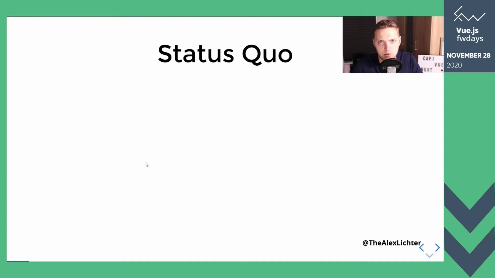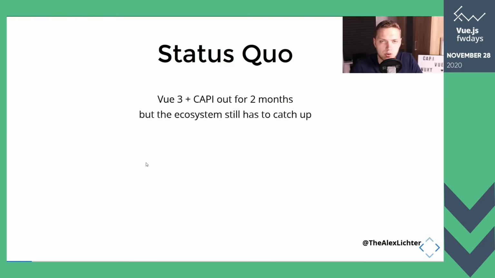So before we get into all the nitty-gritty details, let's check the status quo of the composition API. As you know, Vue 3 and the composition API are out for roughly 2 months now, but still the ecosystem has to catch up with both Vue 3 and the composition API.